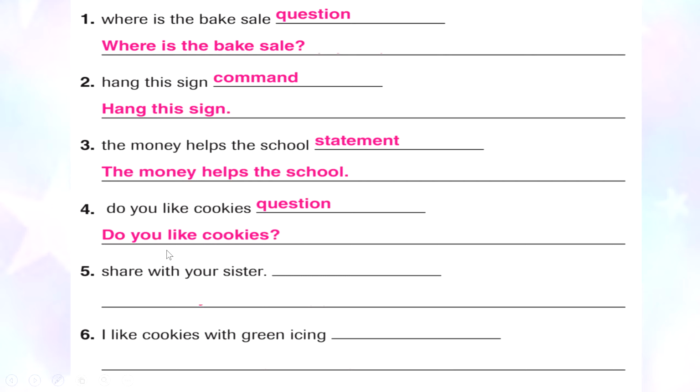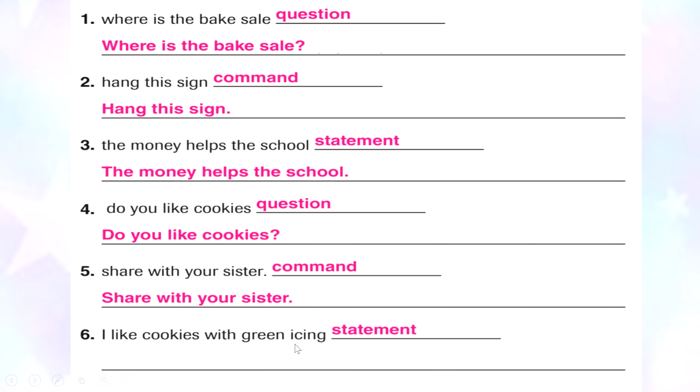5. This sentence is a command because it begins with the action verb share. It starts with capital S and ends with a full stop. 6 is a statement. We have pronoun, verb, the rest of the sentence, and this sentence gives us information.